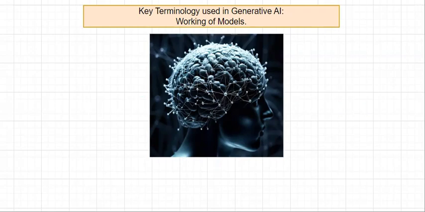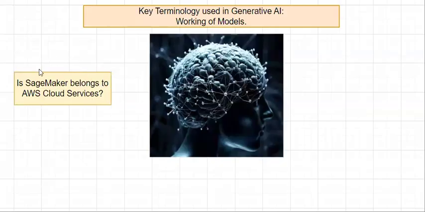Or let's say the question is: is SageMaker one of the services in AWS? Like that, if we provide a question to any human who has knowledge of AWS services, then what will he answer?